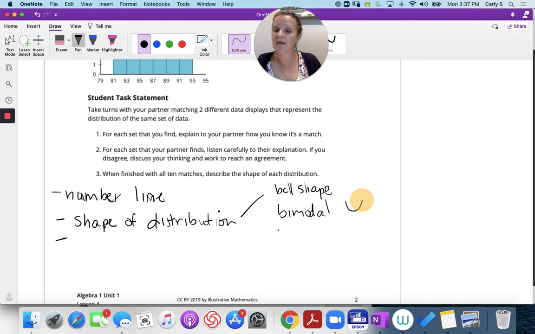When the distribution was even, distribution or flat. Skewed. So those are the things we're looking for to compare.